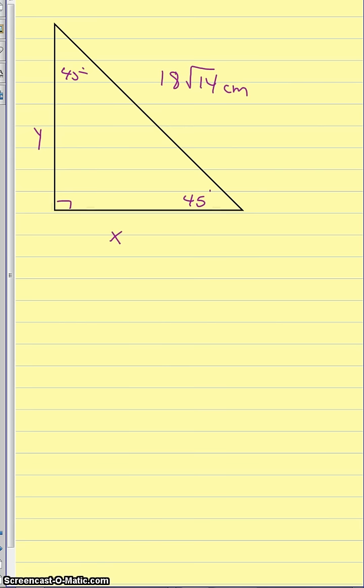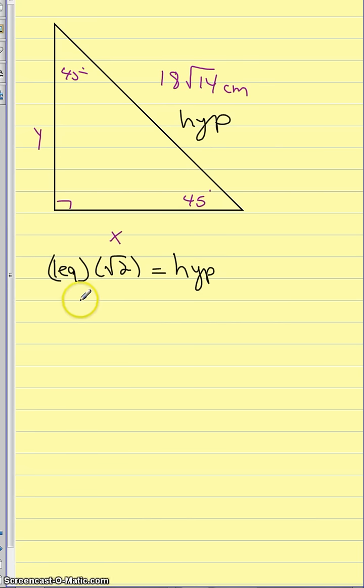The hypotenuse is given on this example. So once again, I'm going to move from the hypotenuse to the leg. I'm going to get shorter. This time around I'll use the formula again just so you can see it again. So leg times square root of 2 equals the hypotenuse, or hypotenuse divided by square root of 2 is leg. So x is equal to 18 square roots of 14 divided by the square root of 2.